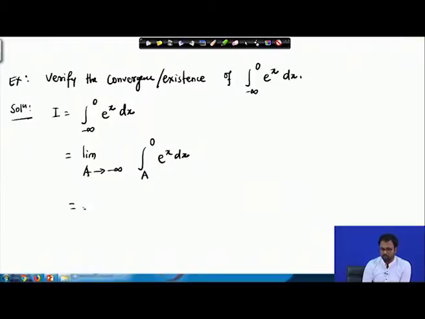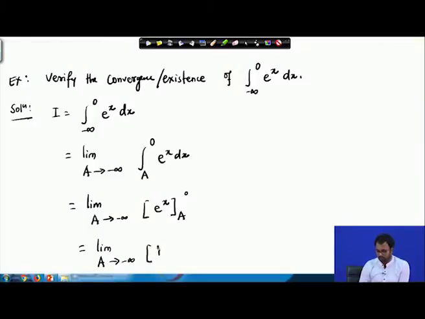Now, if you integrate e to the power x, then we will obtain basically e to the power x from a to 0. Now, this can be written as limit a goes to minus infinity, e to the power 0 is 1 and e to the power x at x equals a would be e to the power a. All right.